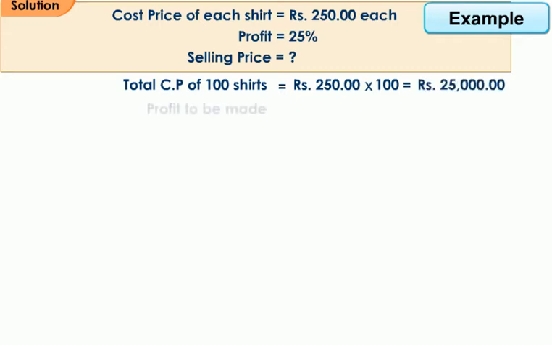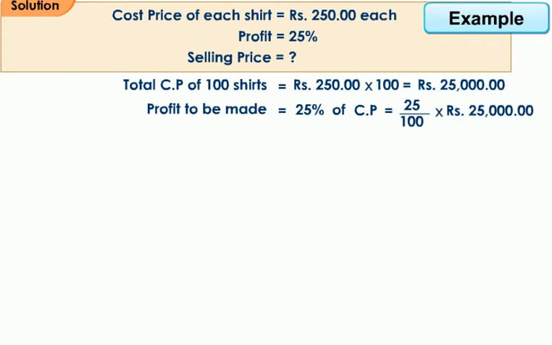The profit to be made is equal to 25% of the cost price. That is 25 by 100 into rupees 25,000. This gives us rupees 6,250.